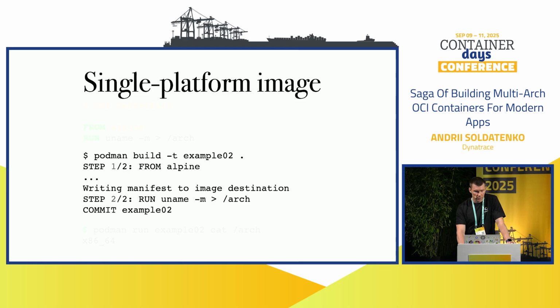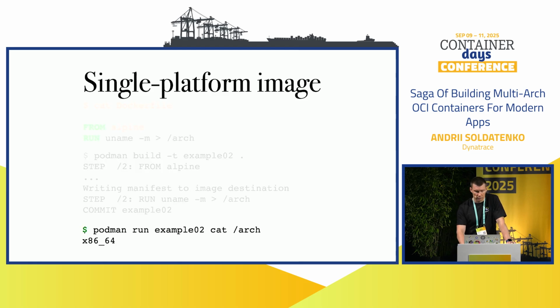I build it, and when I run it, assuming I'm using a Linux machine with Podman and a proper chip, not ARM, you will see this, so it works. What Podman just did behind the scenes, Docker can do the same. When it builds an image locally, it uses the host architecture where you run the Podman or Docker engine. So it's smart enough to figure it out and build everything.